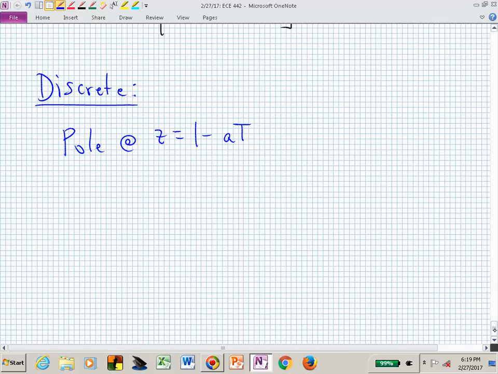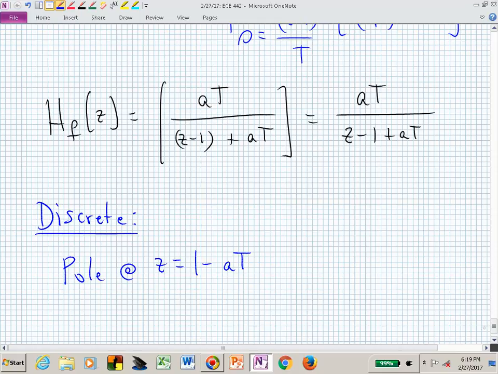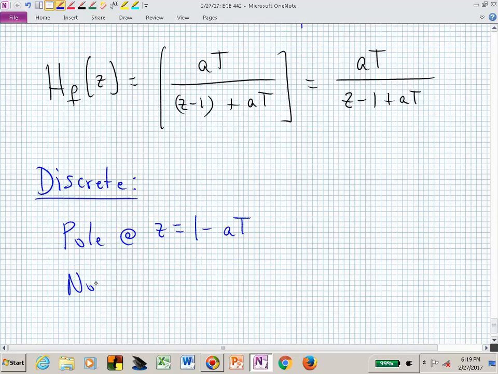Do we have any finite zeros in this H of F sub Z, of Z? No, no finite zeros. And what about the DC gain? What value of little z corresponds to DC in our discrete time setting?